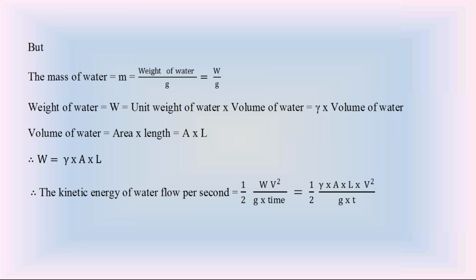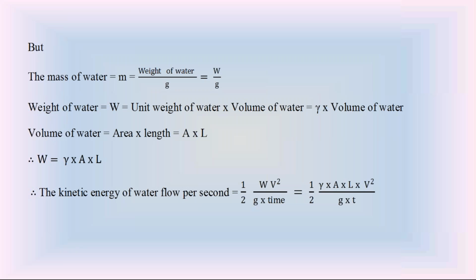Similarly, unit weight of body is equal to weight of body divided by volume of body, so the weight of body is equal to unit weight into volume. Use that unit weight in this kinetic energy correction factor.